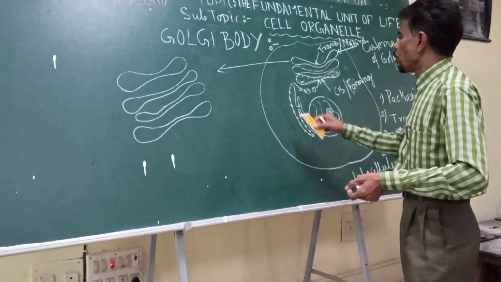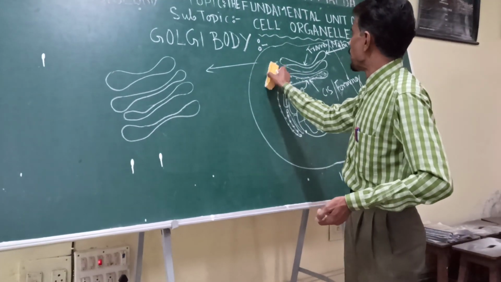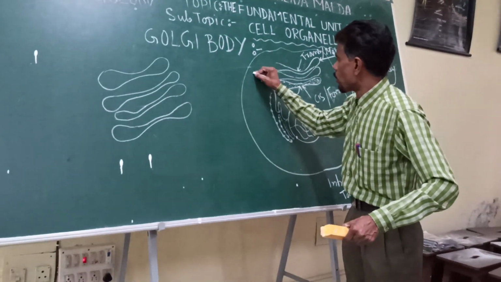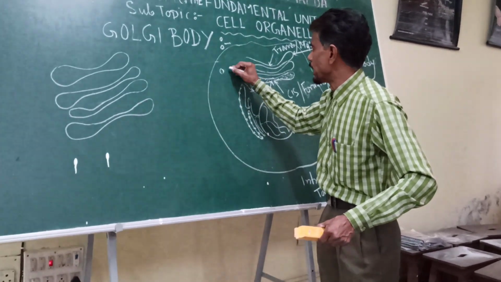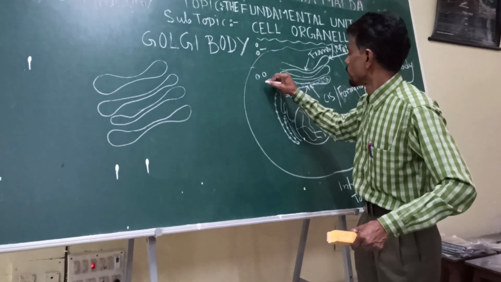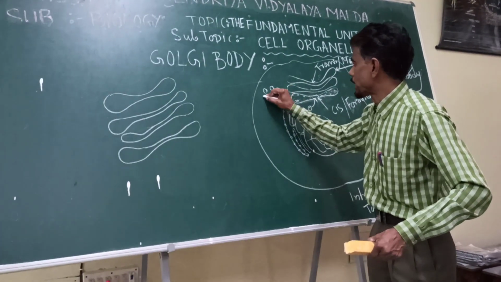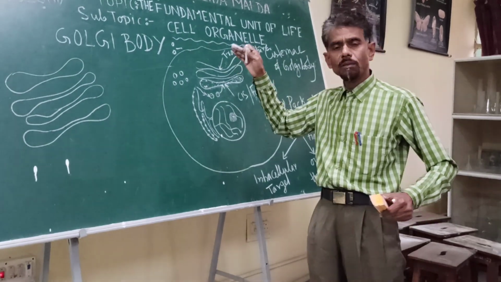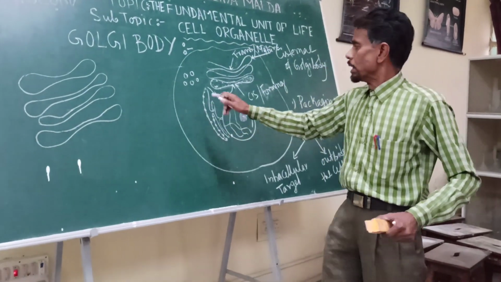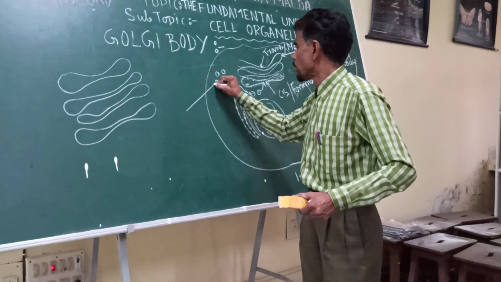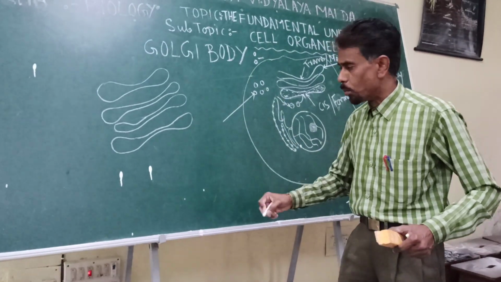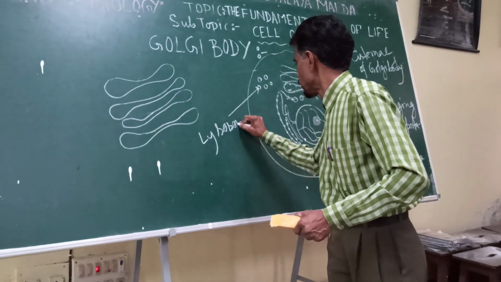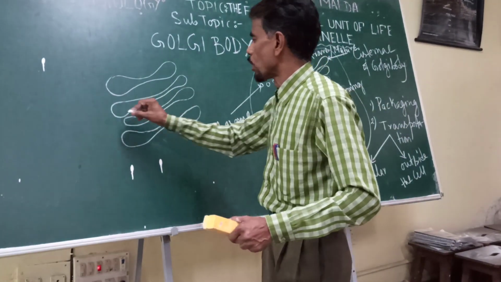Now we are going to another membrane bound organelle, very small in size, vesicle type, scatteredly arranged within the cell cytoplasm. This is called the lysosome. These are the Golgi body.